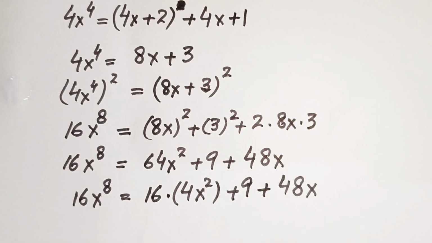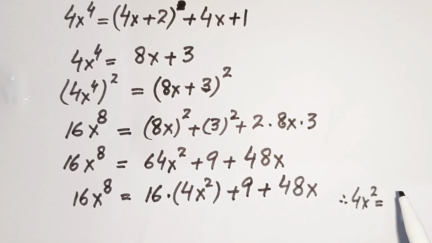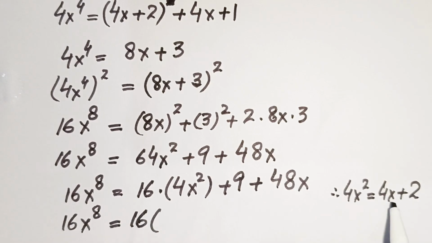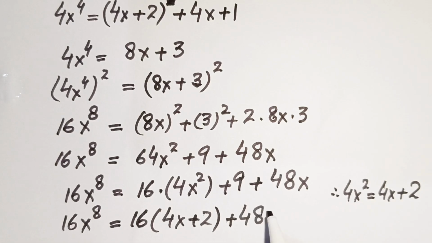But we know that this 4x squared, from equation 2, is equal to 4x plus 2. So putting this value here, 16x to the power 8 is equal to 16 times (4x plus 2), plus 48x and plus 9.